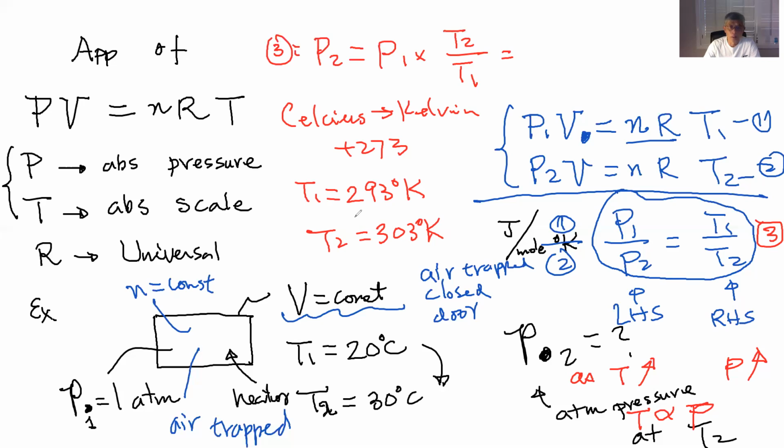P1 is 1 atm, so P2 is 1 atm times 303 divided by 293, and then you can find out what P2 is equal to.